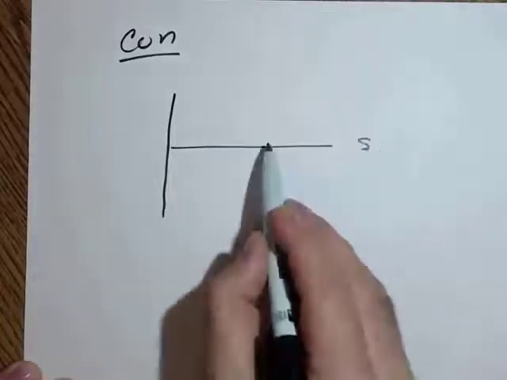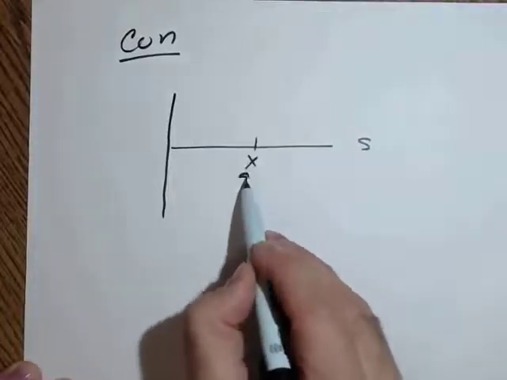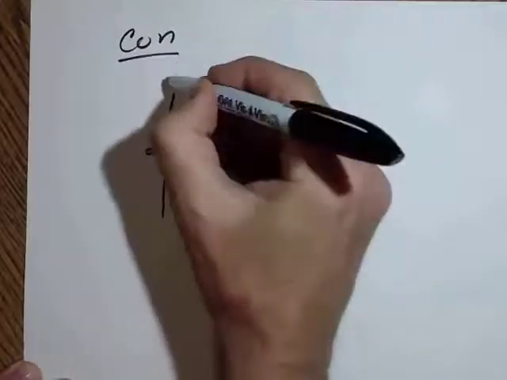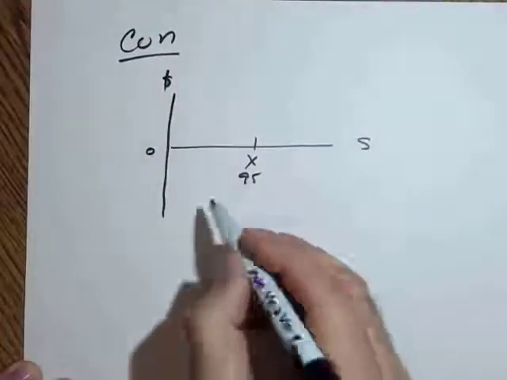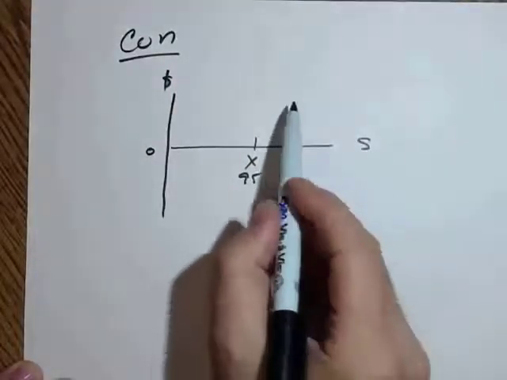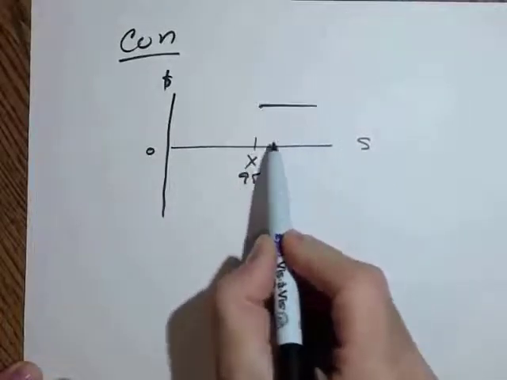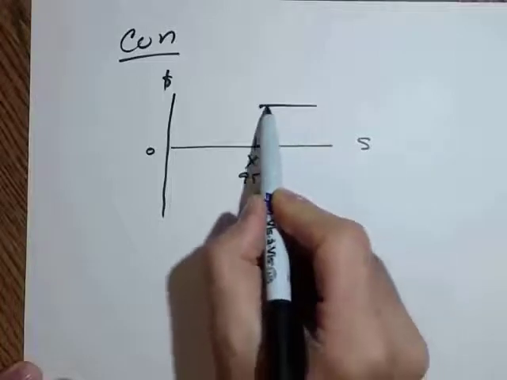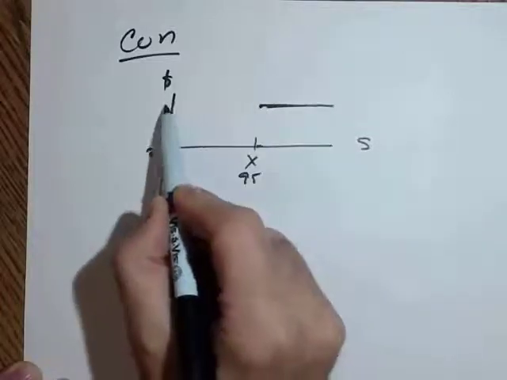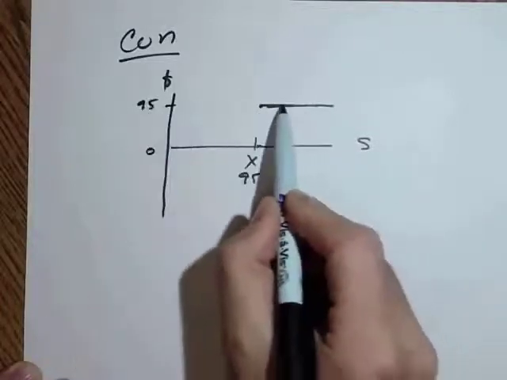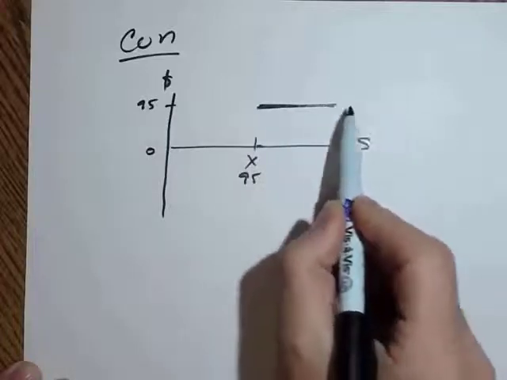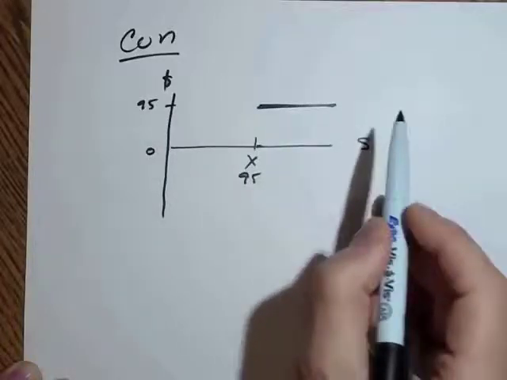Again, the standard sideways T, and X will make a concrete example, 95. Here's the payoff in dollars. So what we have is we're going to get $95 if the stock price is above the strike. We're going to get the strike, that's a payoff of 95. It's flat here, and it continues to go up.